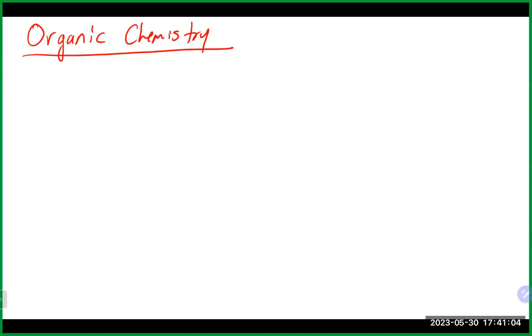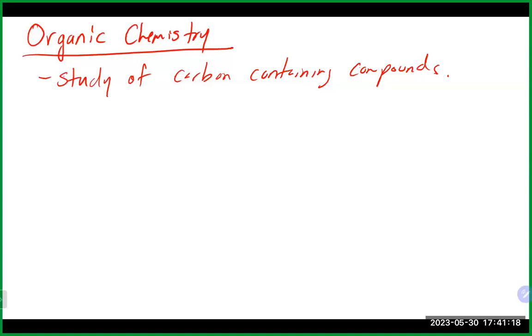Let's talk a little bit about organic chemistry. Organic chemistry is the study of carbon-containing compounds. That's pretty much the first sentence in any organic book. Most organic compounds have a similar sort of backbone in how they are connected.